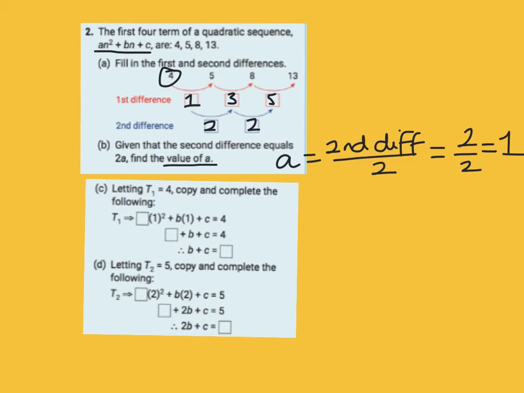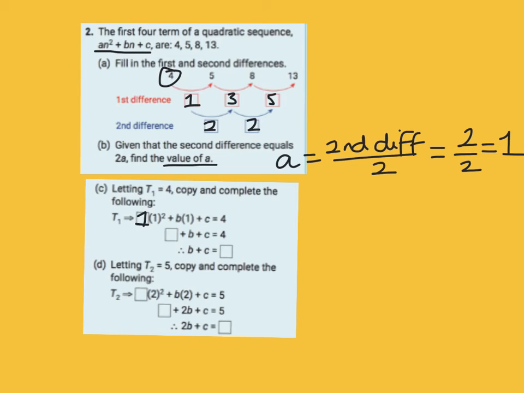Normally I would put in my a and let it equal 4, and on my next line I'd substitute all my n values for 1, but they just skip that step. So this box, if you look up here, would be a. They've already put 1 in for n here, here and here as well, and they've let it equal 4 because 4 is the first term. So what's missing in this box here is 1.